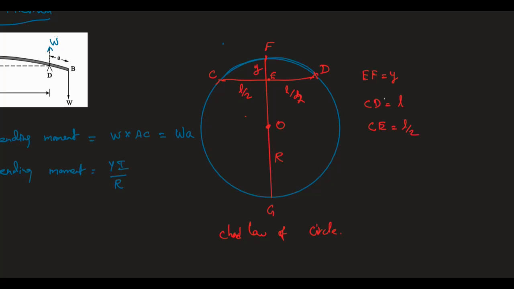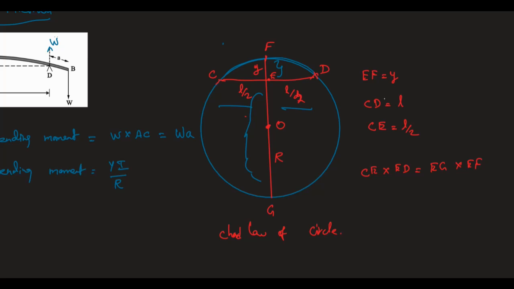What this chord law of circle is telling us is CE into ED equal to EG into EF. That means this two distance multiplied will be equal to this two distance. If you make some proper trigonometric idea, then you will get this formula, CE into ED.